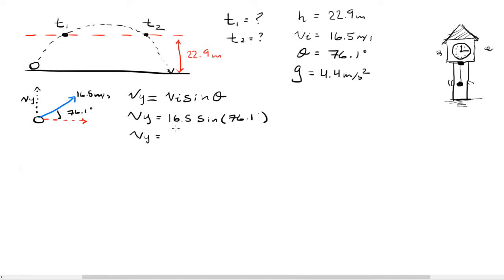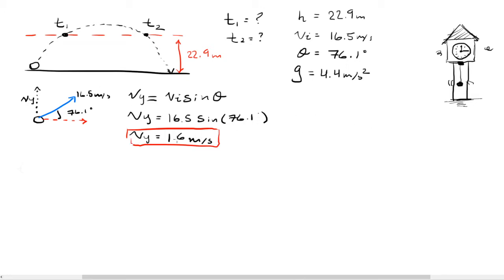Putting 16.5 times the sine of 76.1 into my calculator, we get that the velocity in the y is about 16 meters per second. Let's box up this answer and move on.